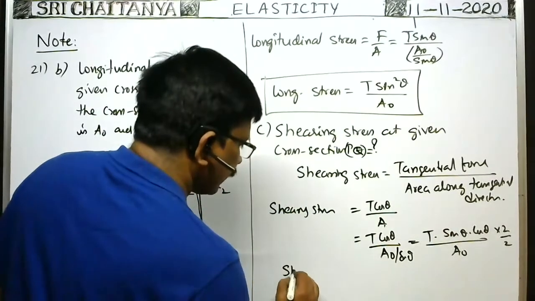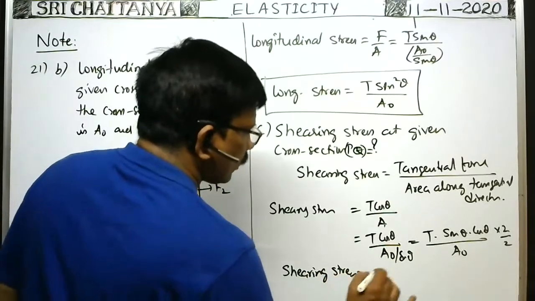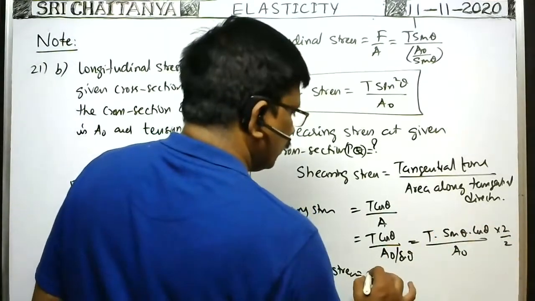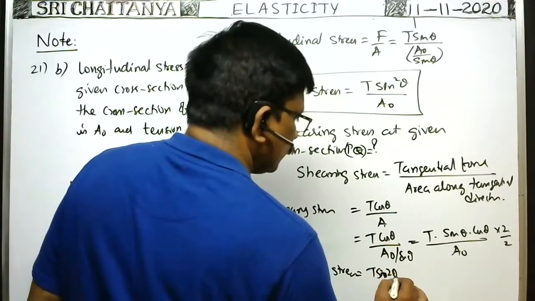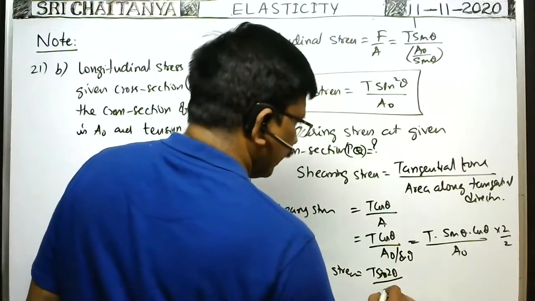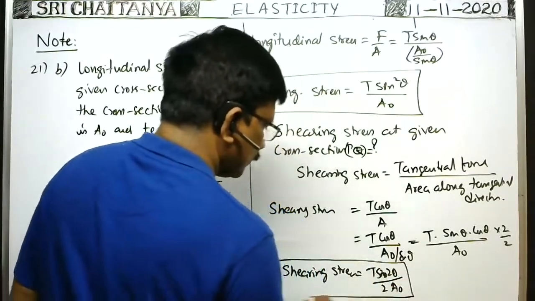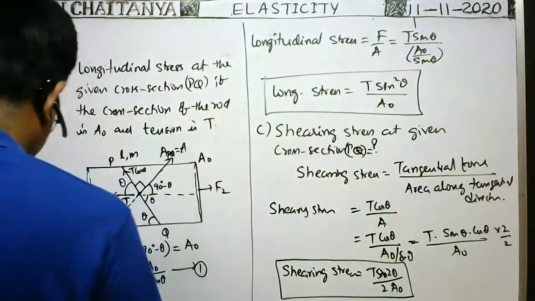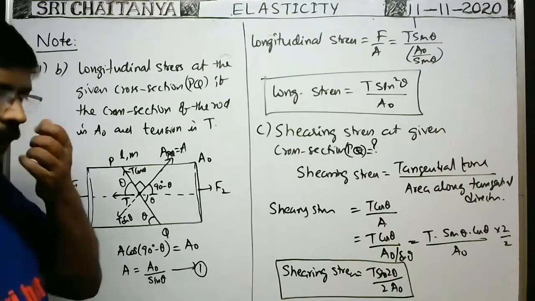Therefore, shearing stress or tangential stress is equal to T sin 2 theta by 2 A naught. It is the shearing stress. Okay. Note down. That is the shearing stress.